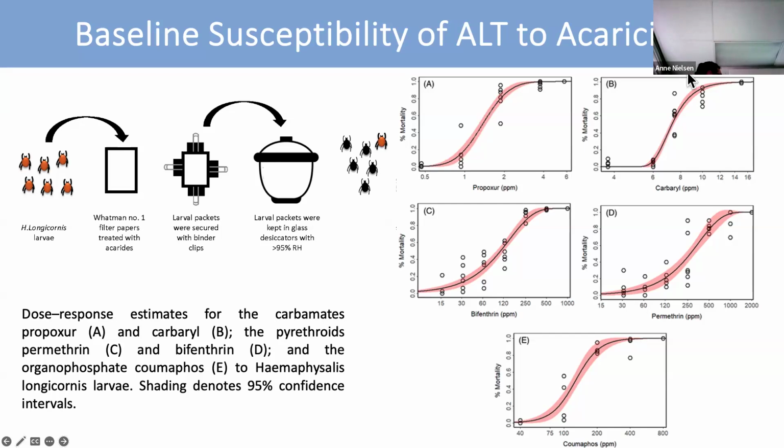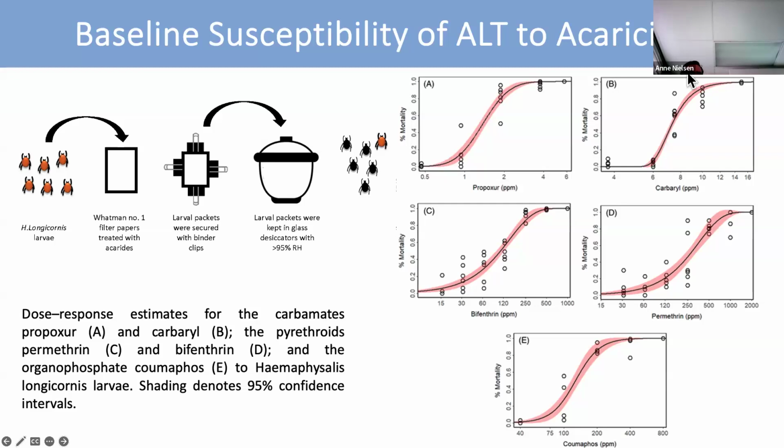Then we secure these papers, making a package with binder clips, and we put the ticks in these packets and leave them in an incubator with high relative humidity. And then we look into mortality.